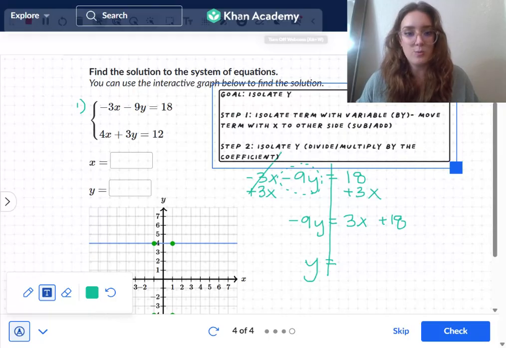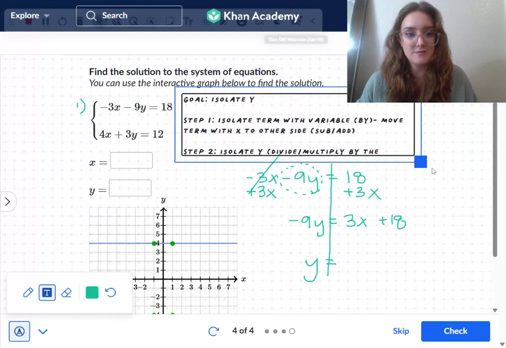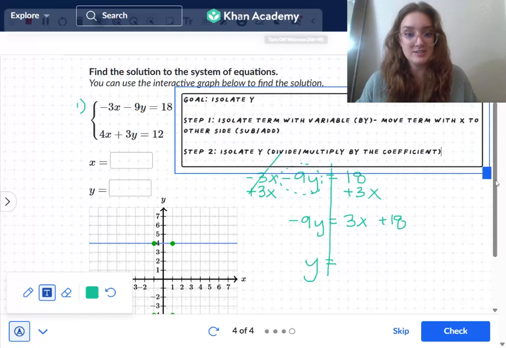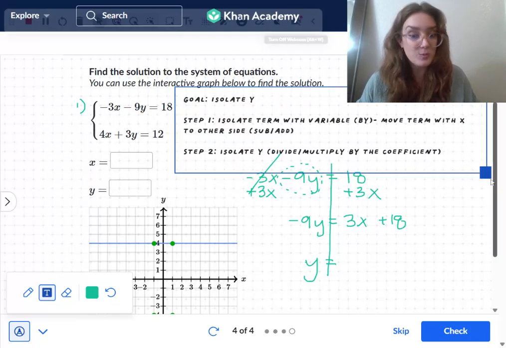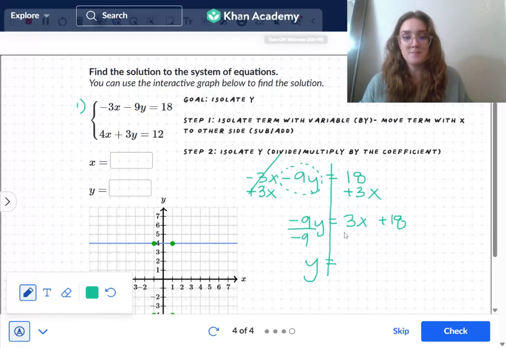We want to get y all by itself. What is preventing y from being by itself? Well, in this case, there's that negative 9, and we don't want it there. We want to get rid of it. So how do we get rid of negative 9? We're going to divide, inverse operation. They're being multiplied, so we're going to divide by negative 9.